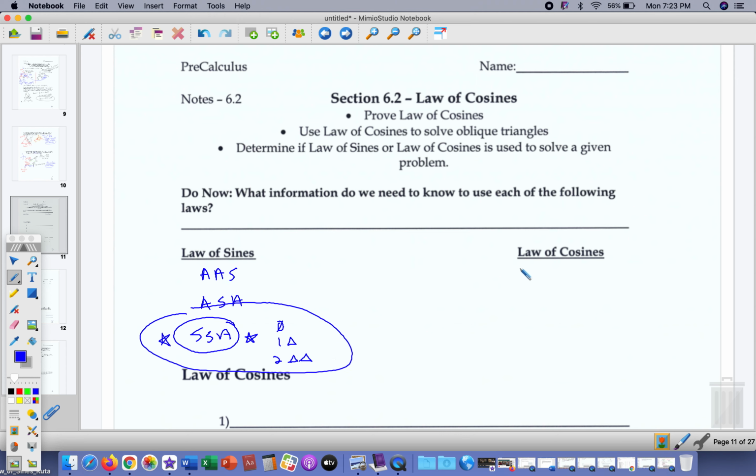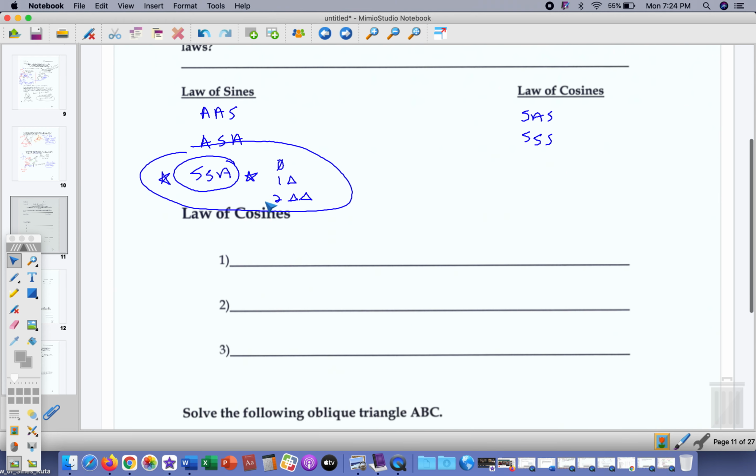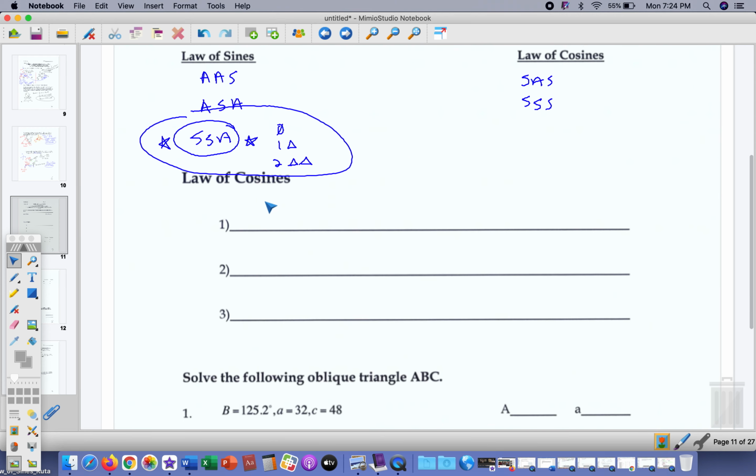For law of cosines, you're only going to use that if it's side, angle, side, or SSS, side, side, side. The formula that we're going to use is the following, which you can look up the derivation of, or if you want to come to office hours, we can do that together.